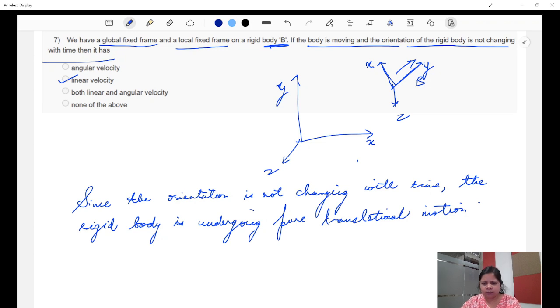Ma'am, one doubt. If we have a global fixed frame and a local fixed frame attached to the rigid body, then what will be the minimum number of degrees of freedom to define the position and the orientation of the rigid body in three-dimensional space? How will we determine this? You have a global fixed frame that is sitting somewhere else, and on the body you have a local frame, right?